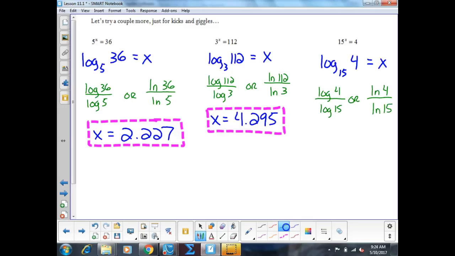And that's going to give me an x value of 0.512. Does that make sense? That one is very close to 1/2.